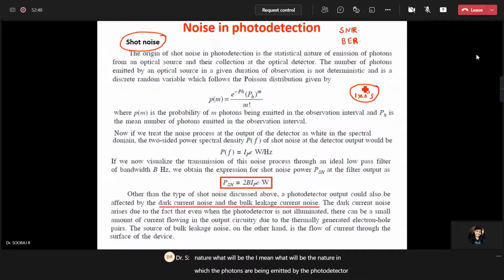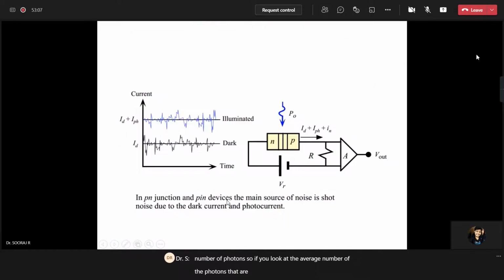In other words, in a given duration, you cannot really determine the number of photons that can be emitted by an optical source. In some cases, in this time duration, the laser will be emitting more photons. In other cases, it might be emitting slightly fewer photons. So if you look at the average optical power or the current being generated by the photodetector, you would see that it's never a constant line.